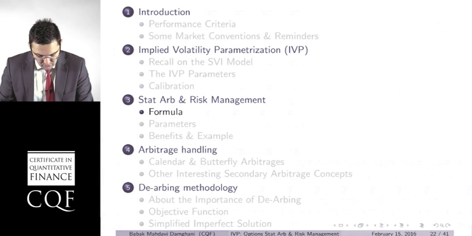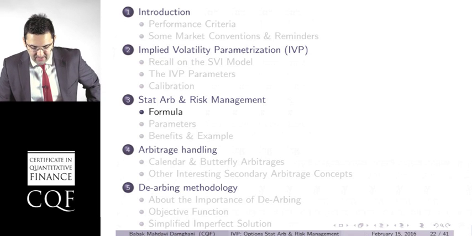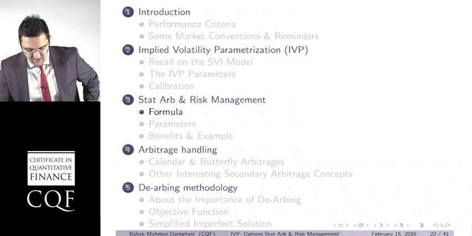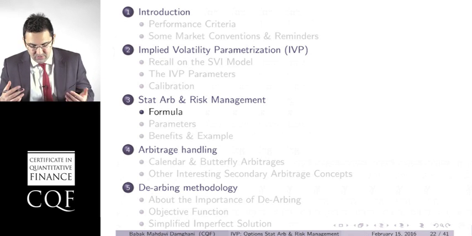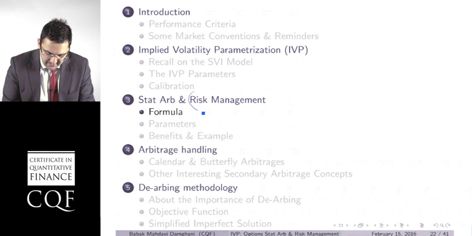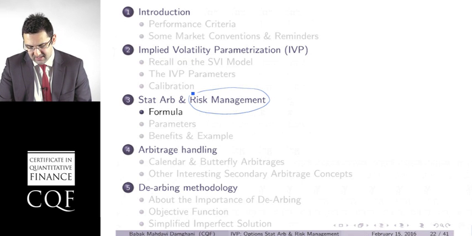All right, so now let's talk about statistical arbitrage and risk management. Usually these two fields don't talk too much to each other, or not enough in my opinion. Especially in risk management, most of the risk systems are very symmetric in the way they see the price going.